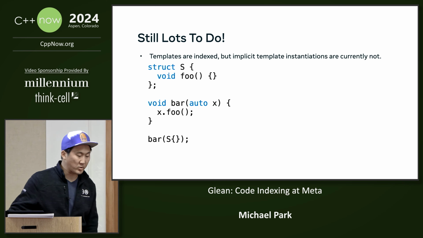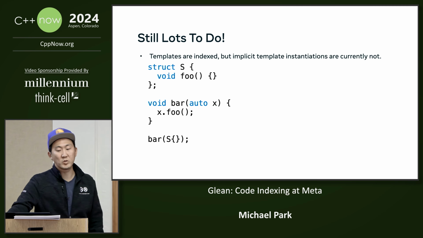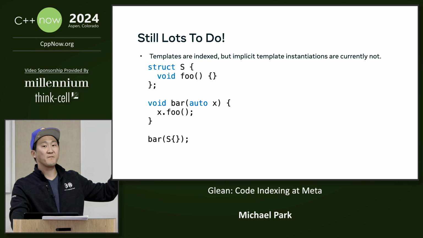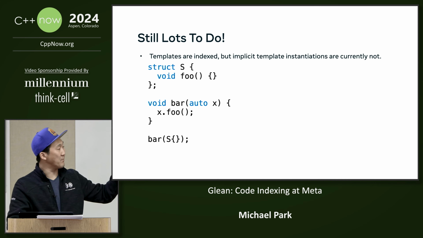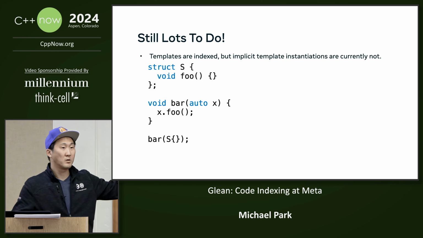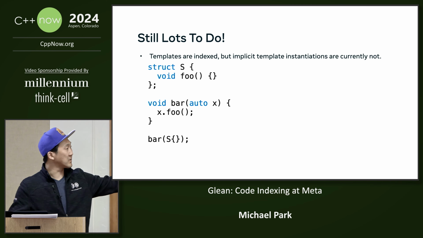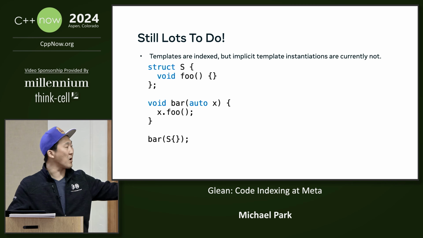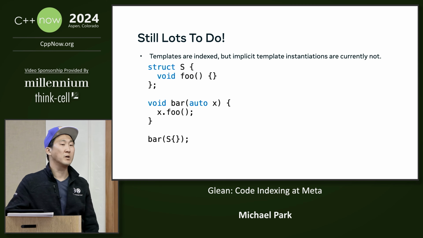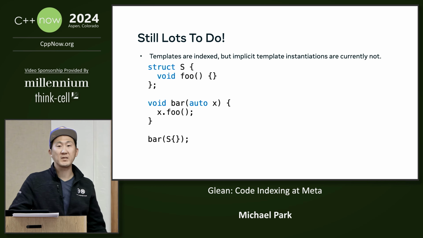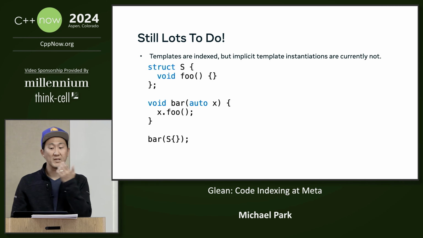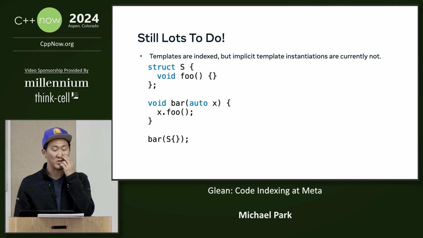And so my short to medium term dream is to be able to find references, like imagine doing right click on S::foo, doing find references, and discovering x.foo, if and only if the bar was called with some S, right? And in order to be able to collect that kind of information, we need to index implicit template instantiations.